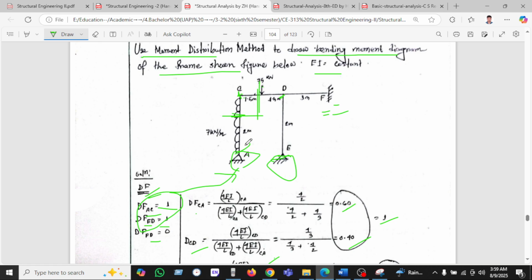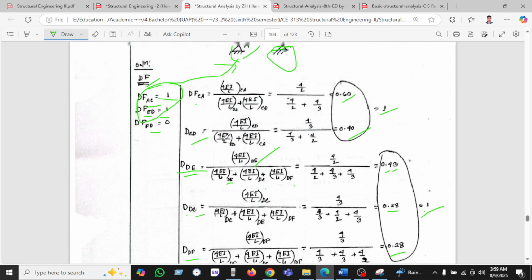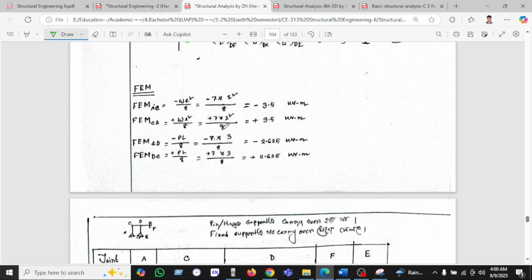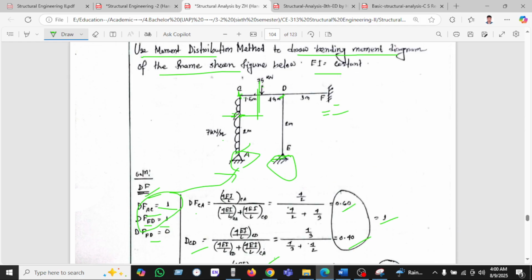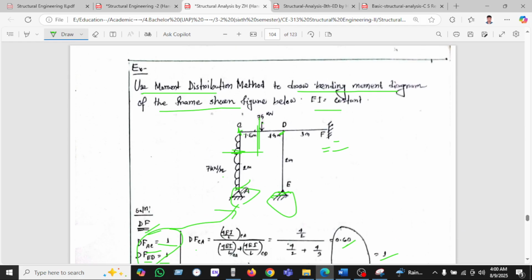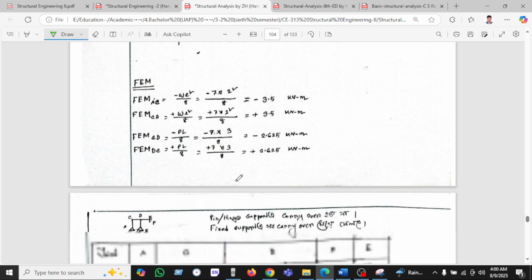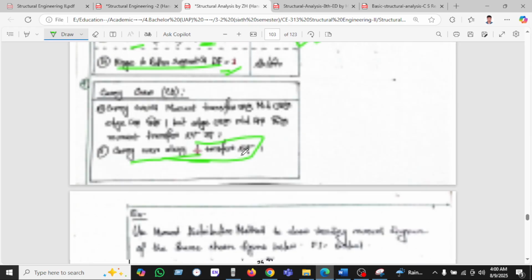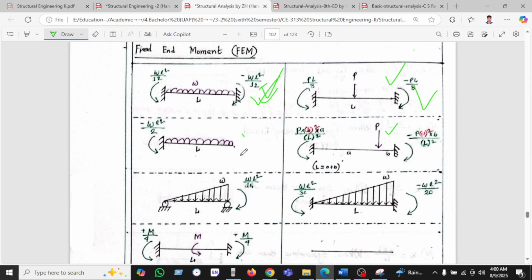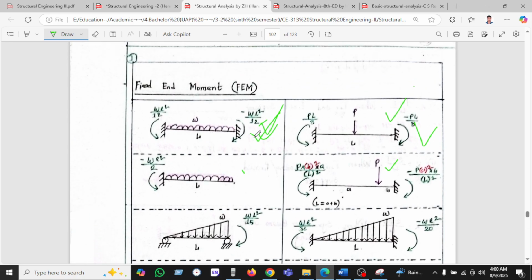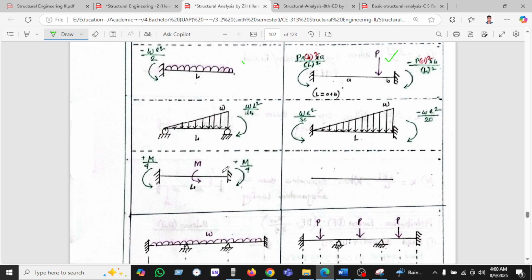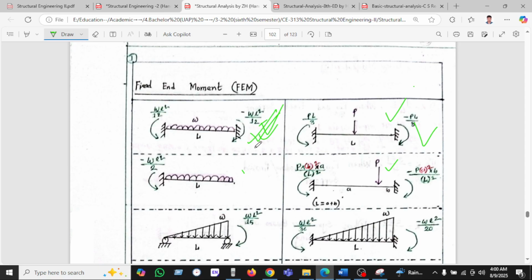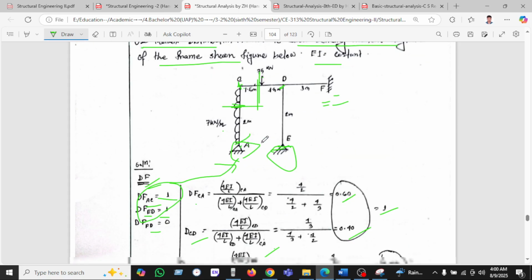For CA, no, it will be 8, because these are not fixed, this is the pin and this is the pin. It will be WL squared by 8 for CA. If we go here, there is a fixed support, there is no pin support. So if it is a fixed support, then we can use WL squared by 12.